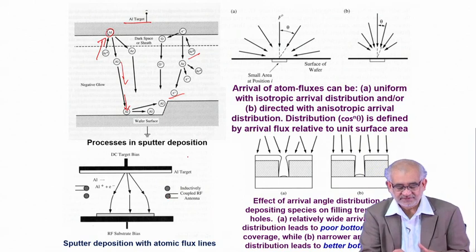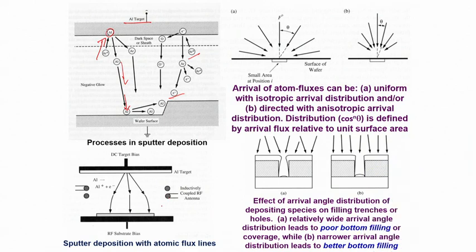This arrival will create the overall geometry, and the overall thickness and uniformity will be governed by that. What is important is that the angle theta at which the species is arriving matters. They can be uniform with an isotropic arrival distribution, or they can be directed with an anisotropic arrival distribution.